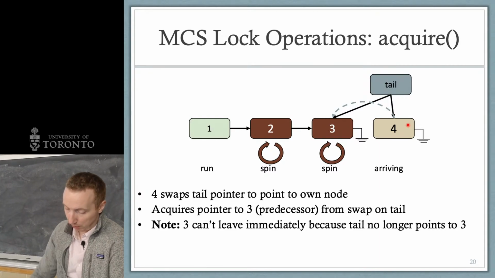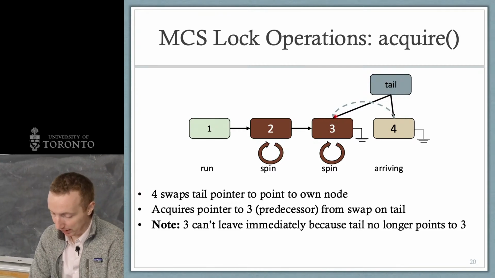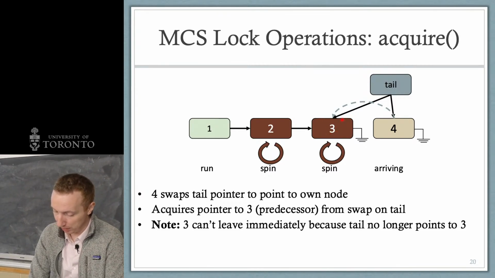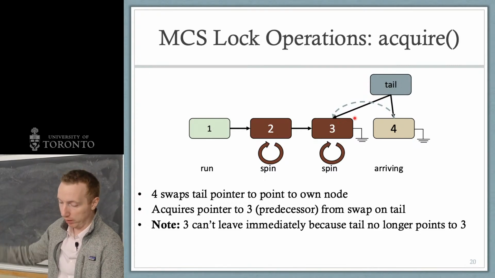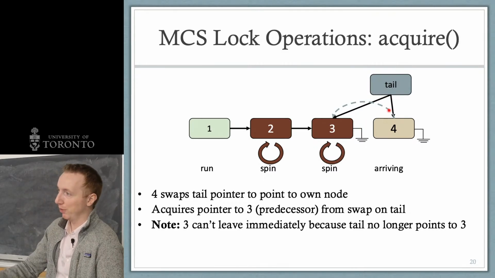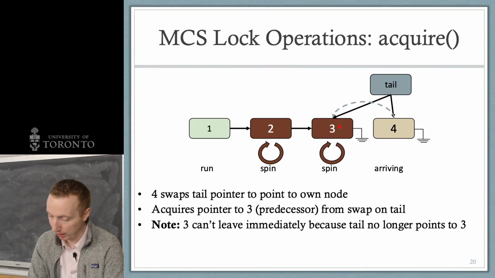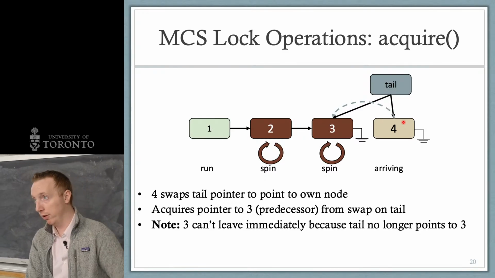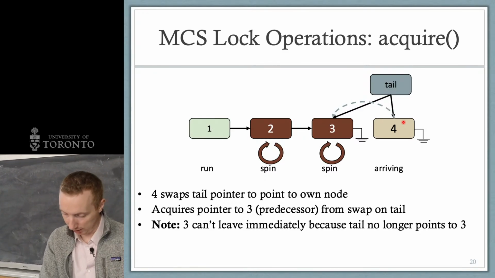So right now, node 3 can't leave immediately because tail no longer points to 3. Otherwise, we would break our list, because if 3 points to nothing and the tail doesn't point to it, we have now broken our linked list. 3 has to point to node 4 in order for our list to be correct.